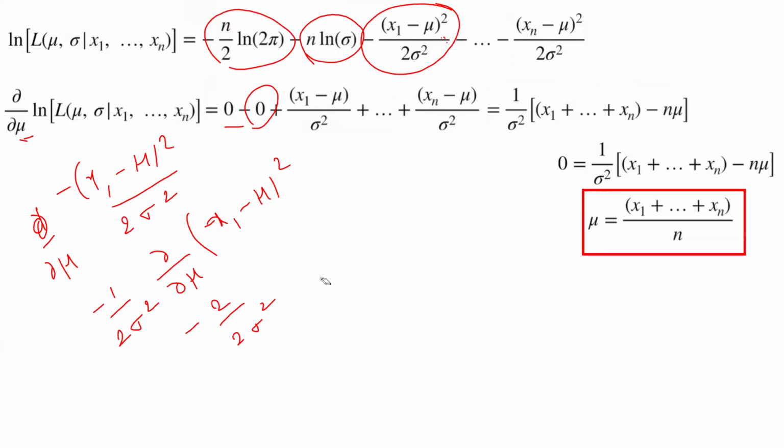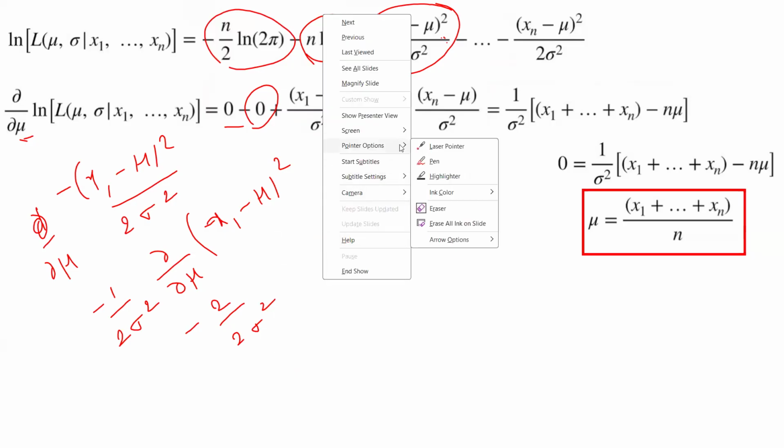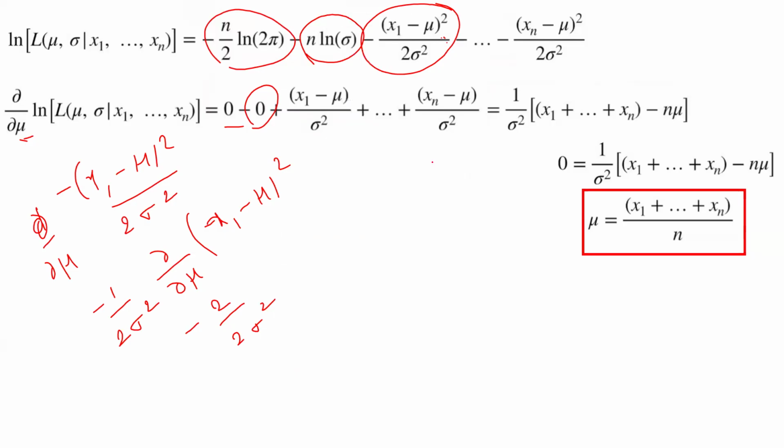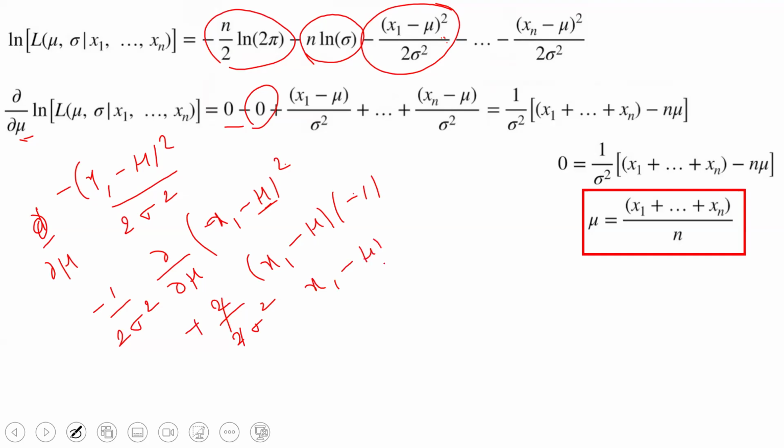If you take the derivative of this, 2 will come forward and this will become x minus mu, and the derivative of minus mu will be minus 1. So minus and minus will become plus, 2 and 2 will cancel. It finally comes down to (x1 minus mu) by the sigma square. So this is the derivative with respect to mu for this term.